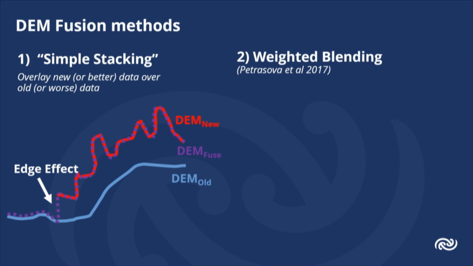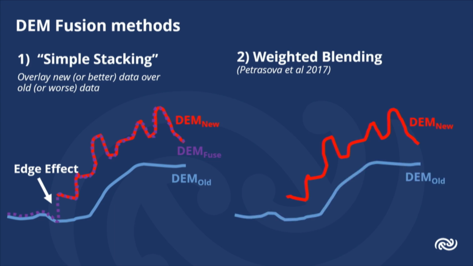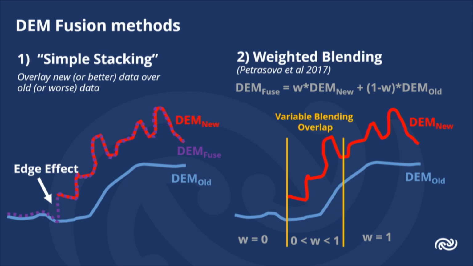I found this paper a while back, and that involves having a variable blending overlap. If our new survey is a lot different to our old survey, we have a wider overlap. If they're quite similar, that overlap can be small. And within that overlap, we take a weighted average of the two models.